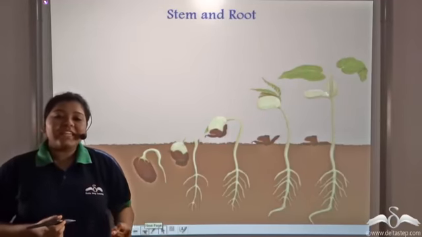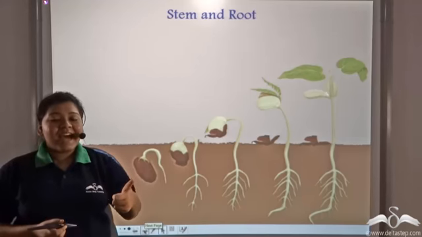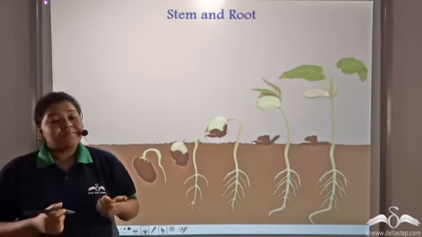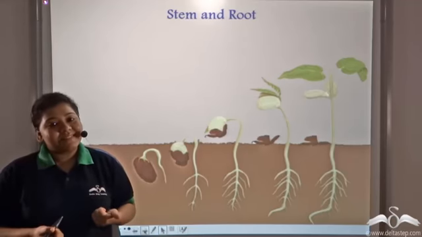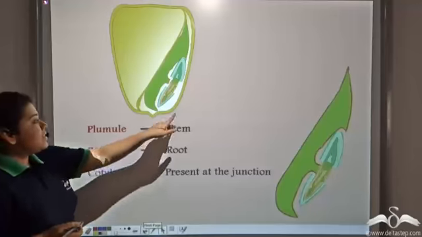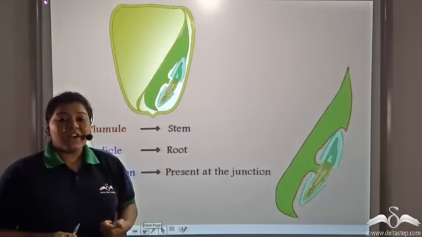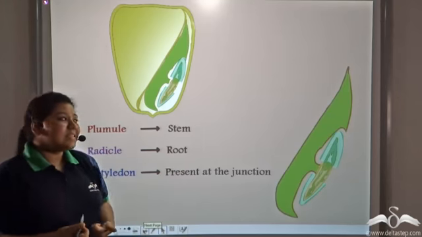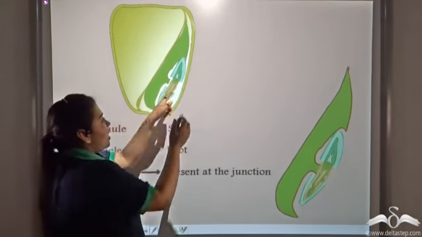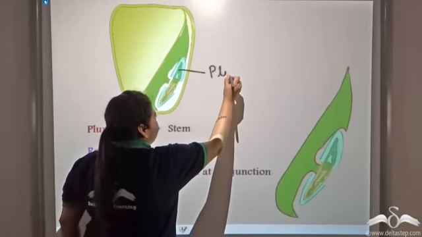Now, the two main components of a plant are the stem and the root. So, are these two components present in the embryo as well? Well, yes. The stem forming part of the embryo is known as the plumule.